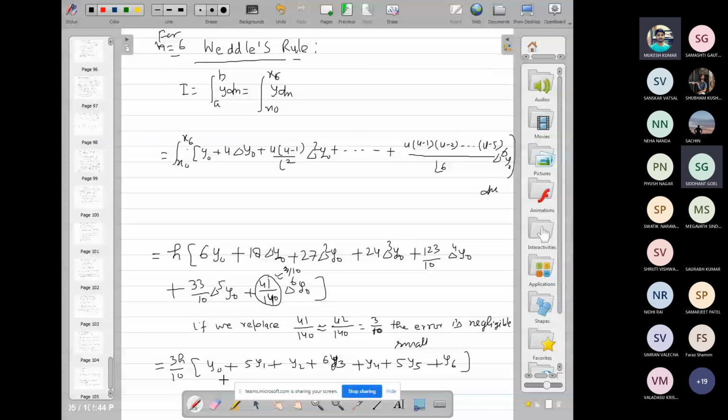So we obtain the formula in general form. This is Weddle's rule, and this formula is obtained by putting n equal to 6 with the approximation where we replace 41 upon 140 by 3 upon 10, that is 42 upon 140. We can analyze this formula.